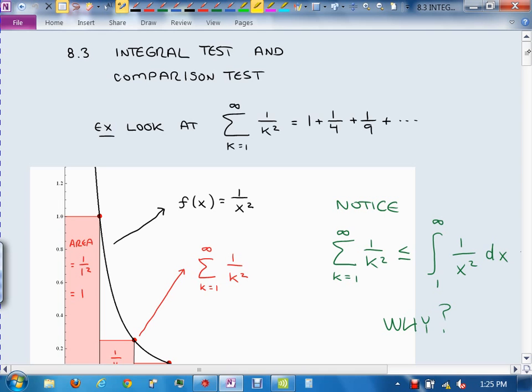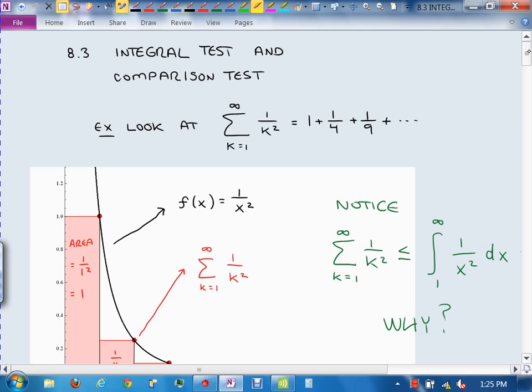Okay, so we're in 8.3. There's a lot of stuff in here, all right? We are now trying to figure out when a series converges and when it doesn't. In the previous section, we looked at how many different series? Three.